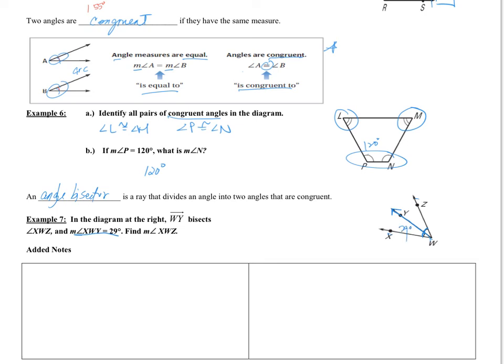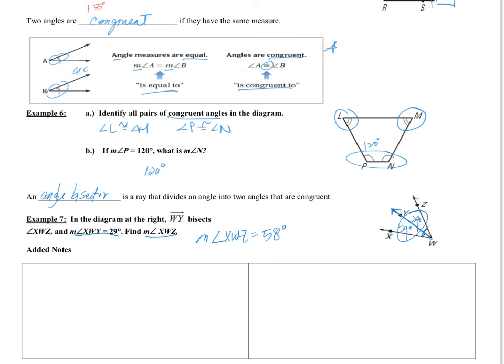This also means that angle YWZ is 29 degrees. And it asks you to find the measure of angle XWZ. So we just have to double 29, or add 29 together 2 times. And this should give you measure angle XWZ equal to 58 degrees.